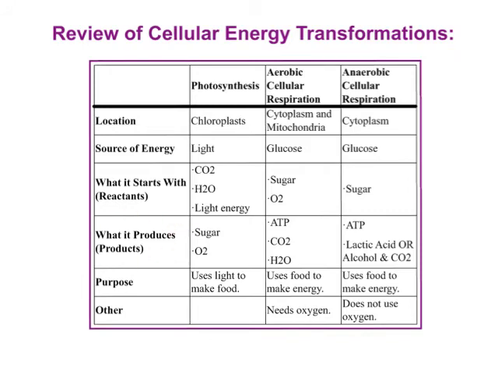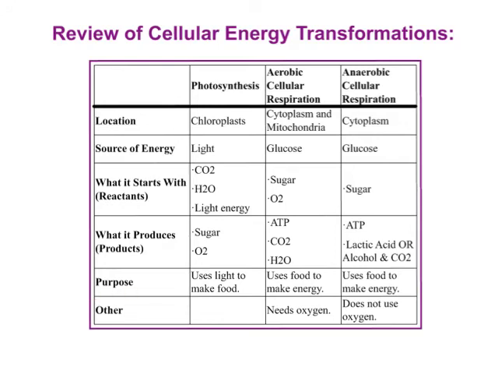The products, what do we produce in the reaction? Well, photosynthesis produces sugar and oxygen, whereas our aerobic cellular respiration produces ATP, energy, CO2, carbon dioxide, and water. Our anaerobic cellular respiration produces ATP, and it either produces lactic acid or alcohol and CO2, depending on what type of fermentation we're talking about.